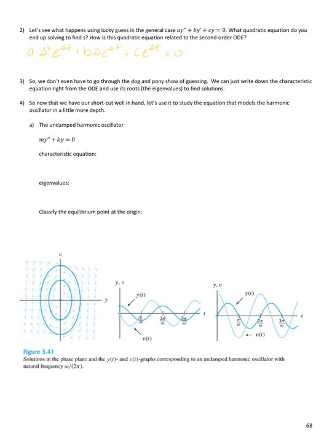We're going to factor out an e to the st, and you're left with as squared plus bs plus c.